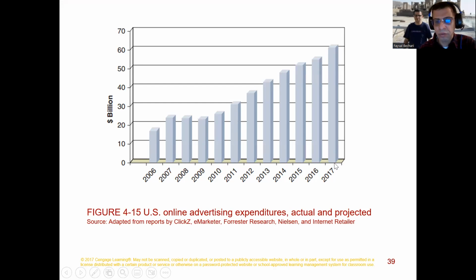Today, around 2017, it is $60 billion spent on online advertisement. Because there is good income from it, that's the reason people are spending on advertisement. And today they have probably reached over $150 billion spending on online advertisements.